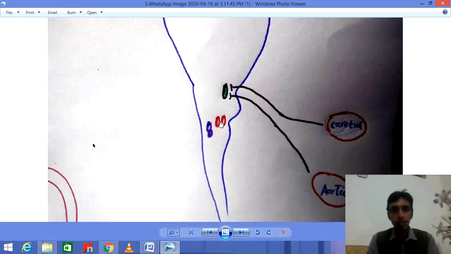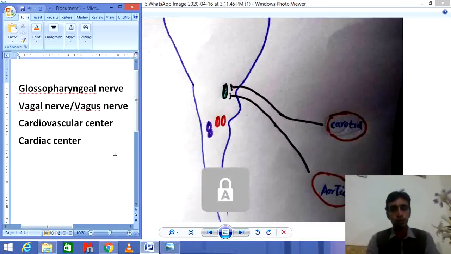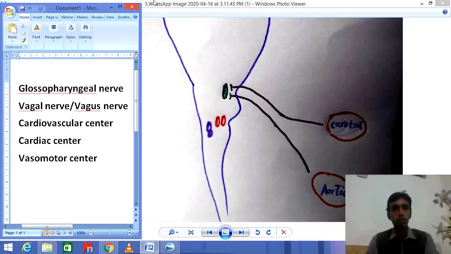Combinedly these 4 nucleuses are called the cardiovascular center, but these 2 red nucleuses, represented in red color, are called the cardiac center, and these blue nucleuses are called the vasomotor center.